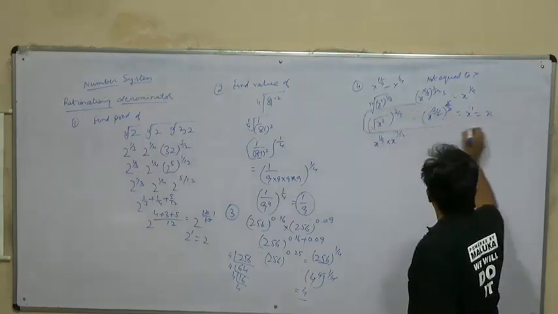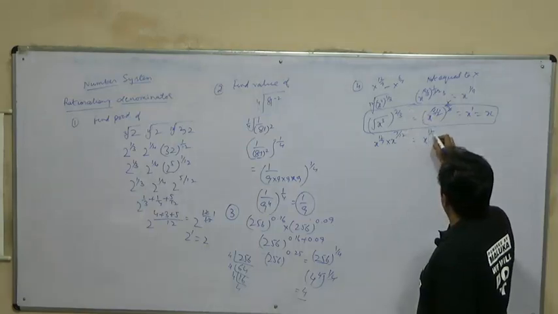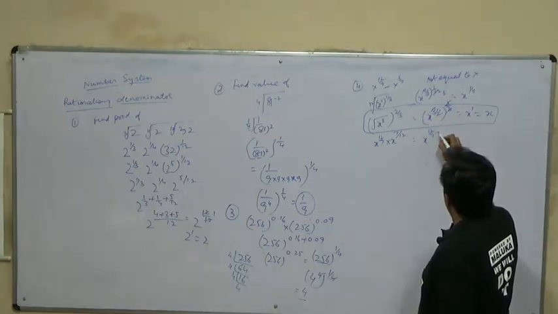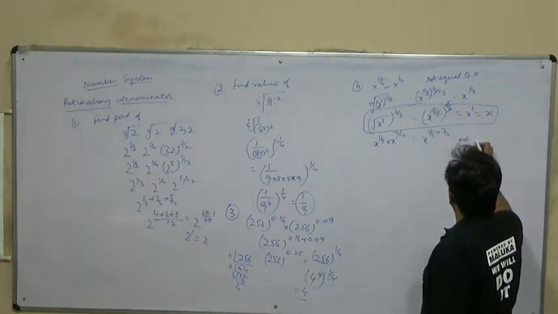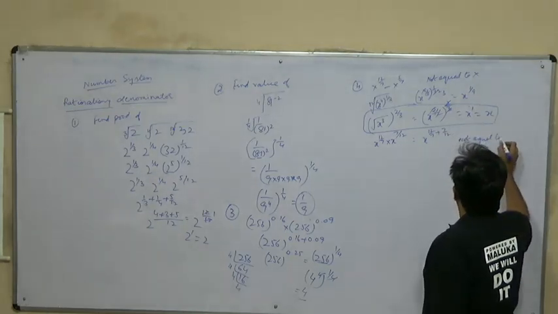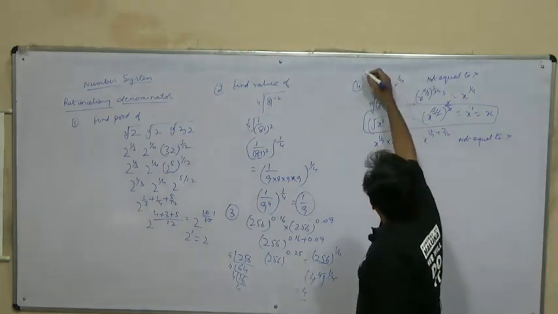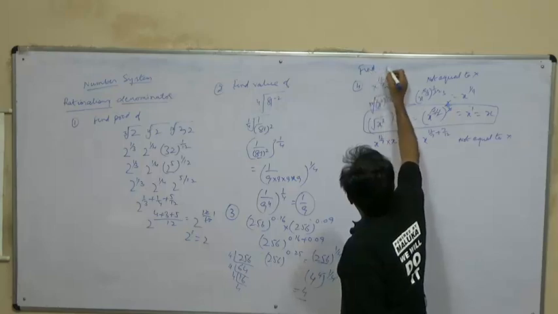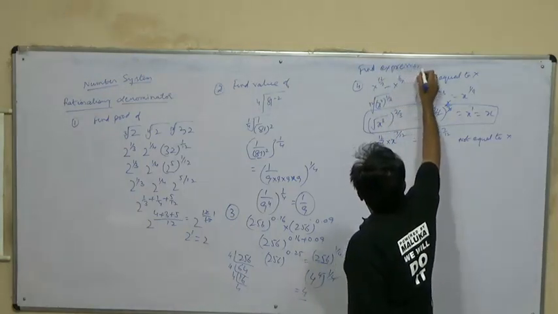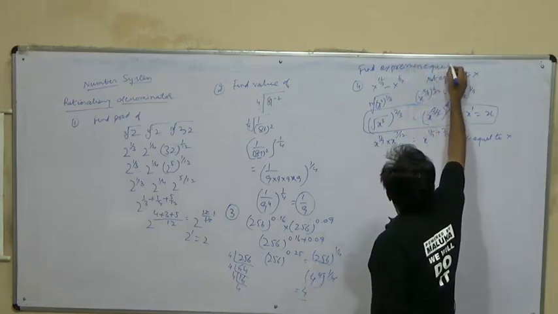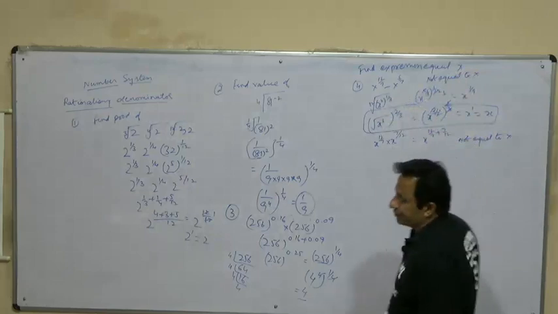So this is the expression which is equal to x in this, and here x raised to power 12 by 7 plus 7 by 12. Again this is not equal to x. Okay. So we have to find the expression equal to x from these four.